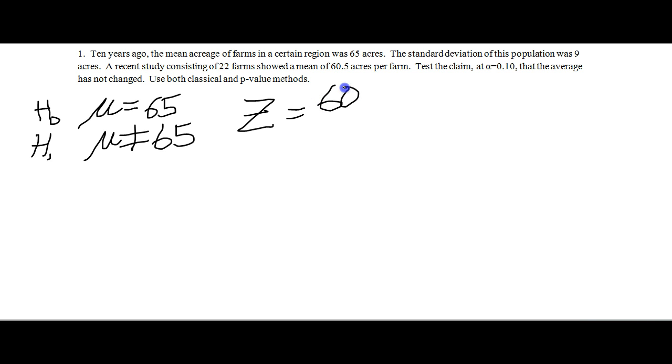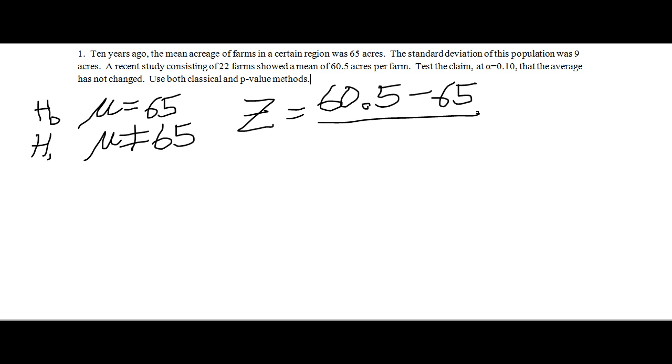And so I need to figure out what that z-score is. I'm going to say 60.5 minus 65, that's our null value for the mean, over the standard deviation, or the standard error, right?